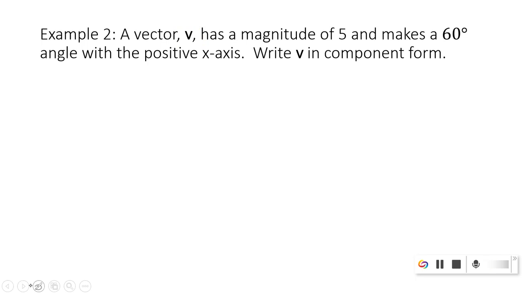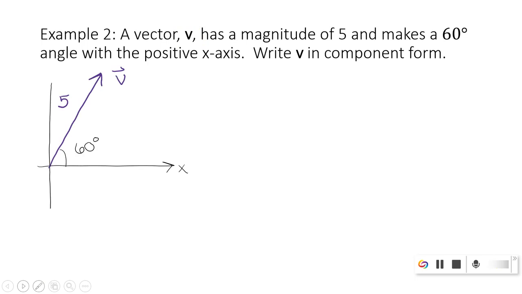All right, so I'm going to draw a picture to help me with this. And then I'm going to have to use a little bit of trigonometry. So there's my vector in standard position. The magnitude is 5, so the magnitude is the length of that vector. And then the angle with the positive x-axis right here is 60 degrees.